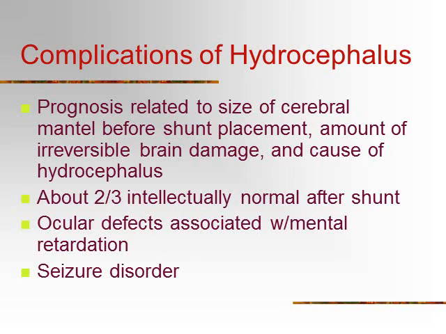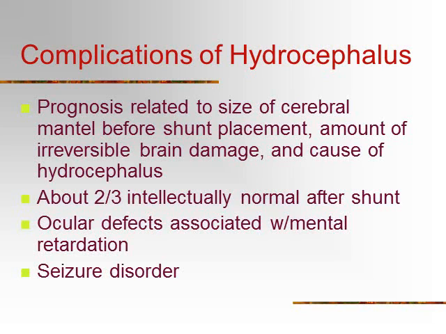So some complications of hydrocephalus. The prognosis depends on the size of the cerebral mantle before the shunt placement, the amount of irreversible brain damage, and the cause of hydrocephalus. About 2/3 are intellectually normal after a shunt.